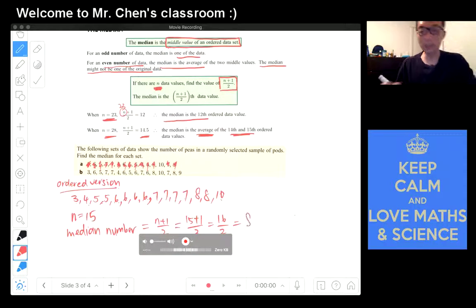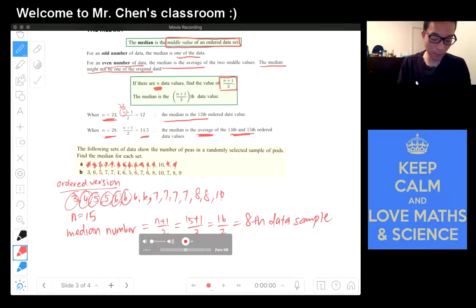It does not mean that your median is 8. You actually need to find the number 8 data sample. So from there I count 1, 2, 3, 4, 5, 6, 7, 8.